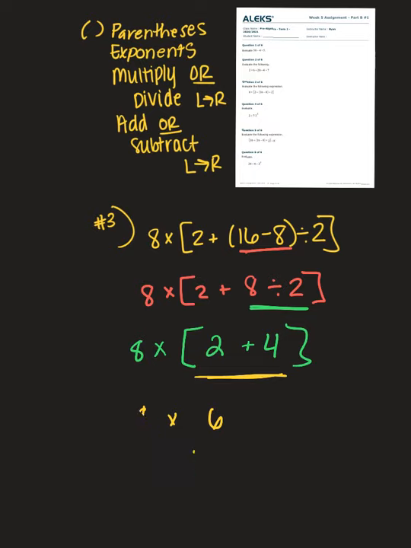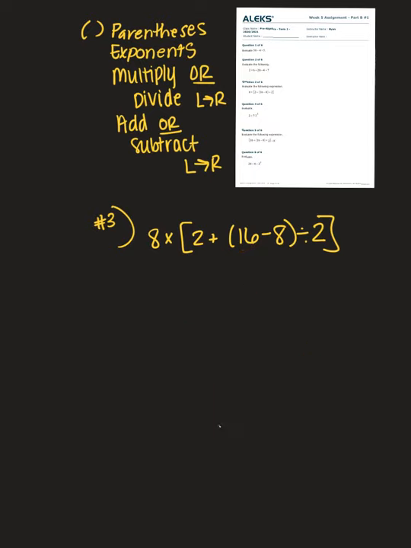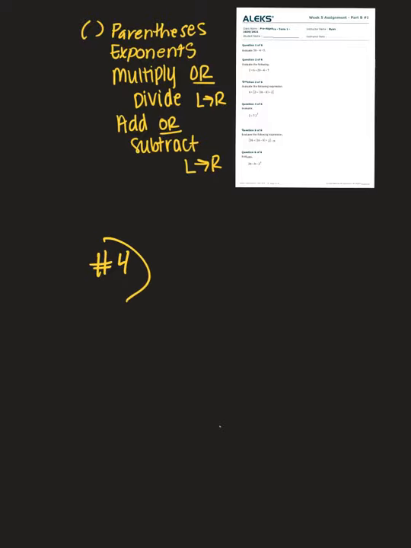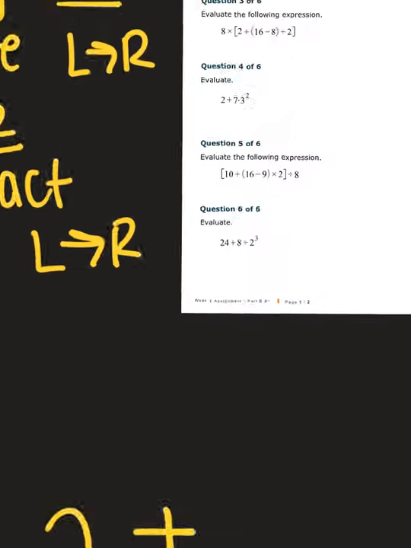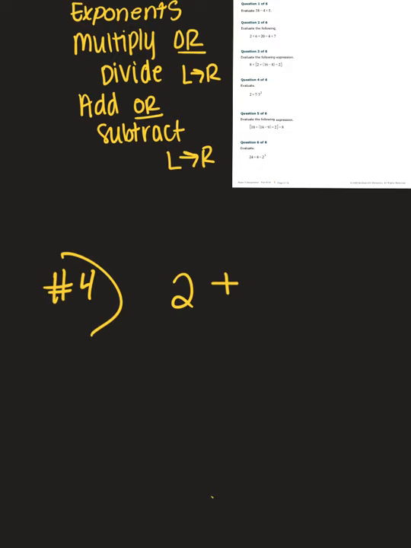So next up is problem number 4, and it looks like we have 2 plus 7 times 3 to the 2nd power. This is number 4, 2 plus 7 times 3 to the 2nd power.